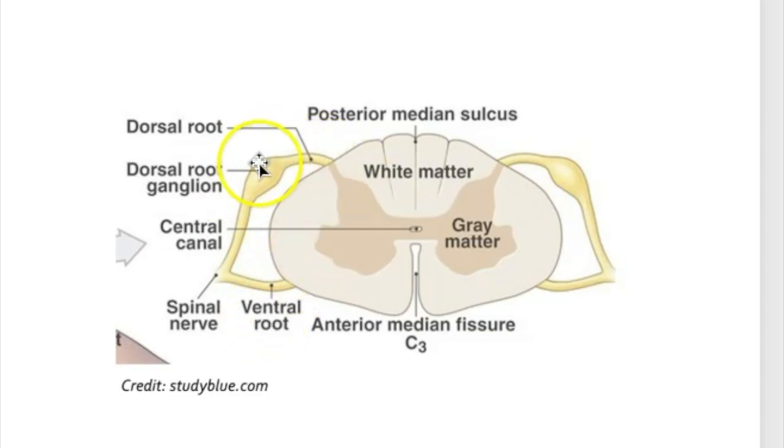This dorsal root contains sensory fibers, whereas the ventral root contains motor fibers. These two roots that are coming off of the spinal cord are going to combine and become a spinal nerve. And the spinal nerve is going to exit out of the vertebral column.